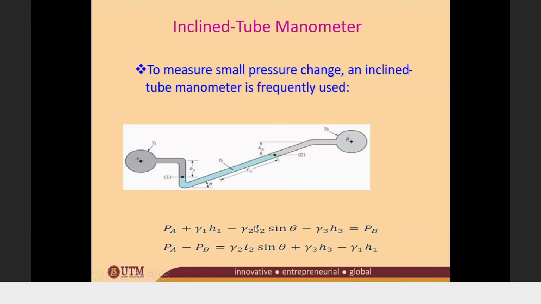That's why it's minus gamma 2 L2 sin theta. It's not this length, it's the vertical height. So minus gamma 2 H3, the vertical height, and then reach PB.